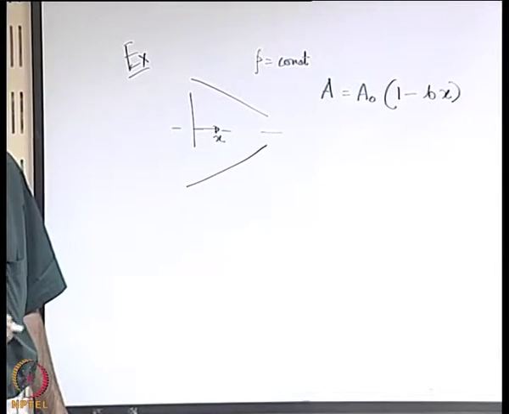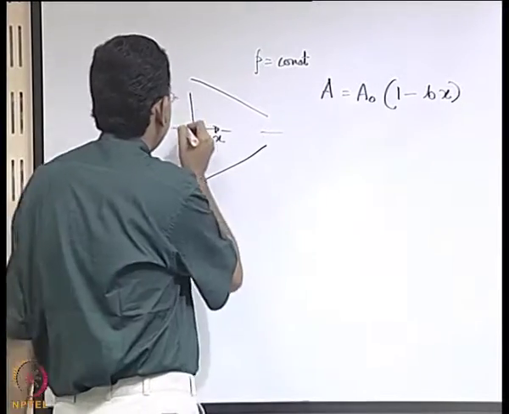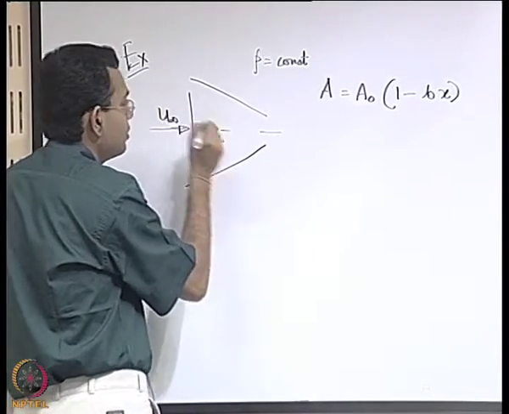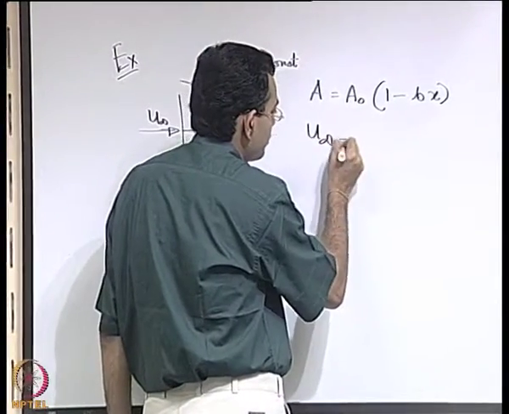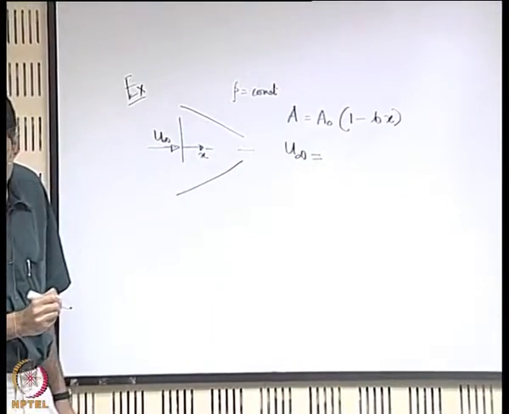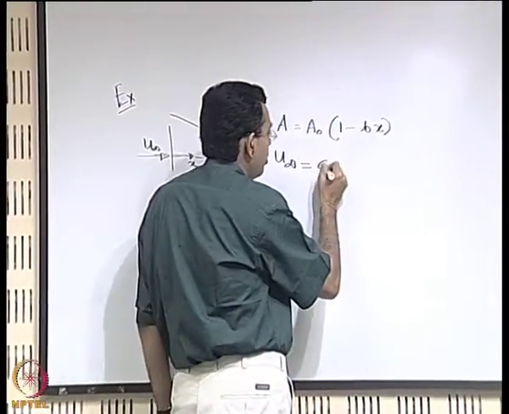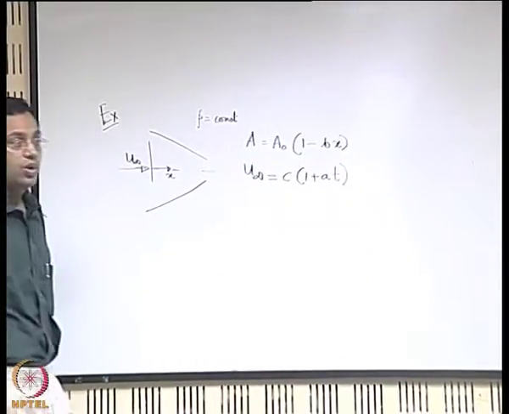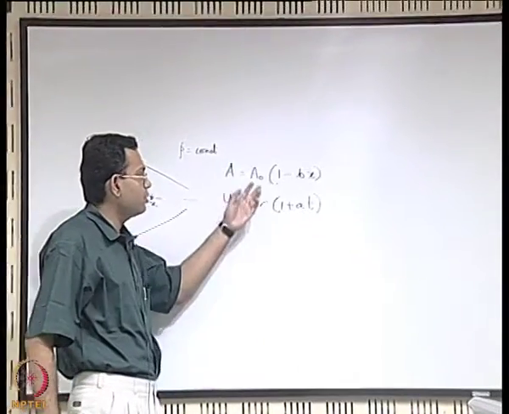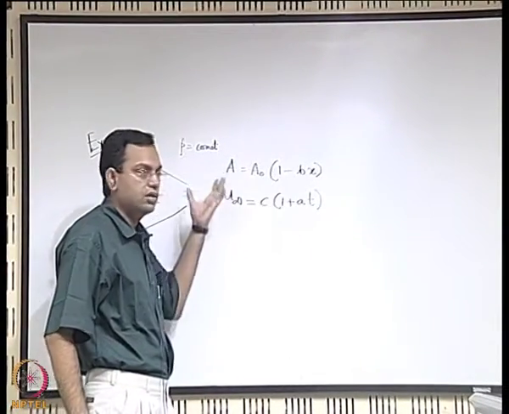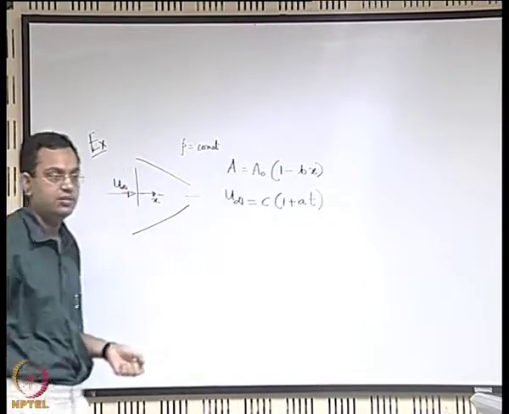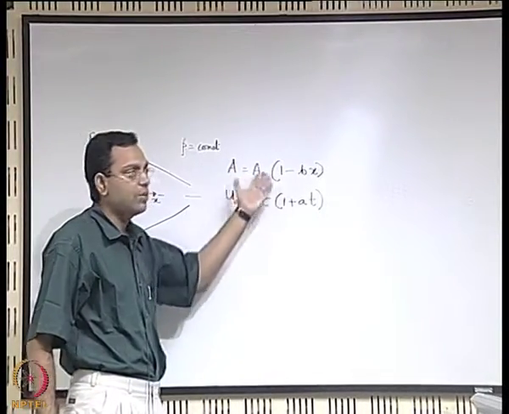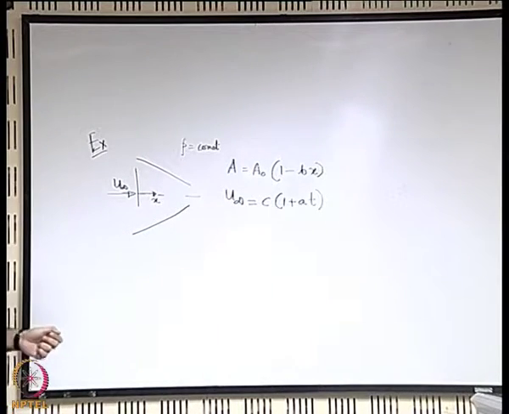other information that is given is the velocity at which the fluid enters the nozzle, let us say that is u infinity, that varies with time. So, it is of the form c into 1 plus at, where these a naught, b, c, a are some given numbers, and these are dimensional parameters to adjust the dimensions of the expressions.